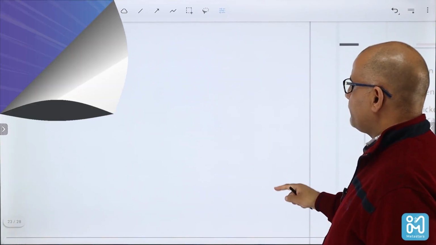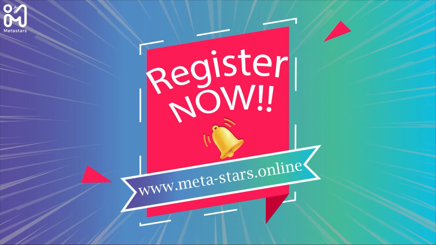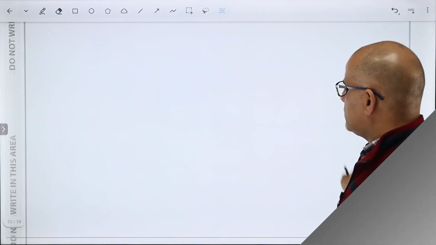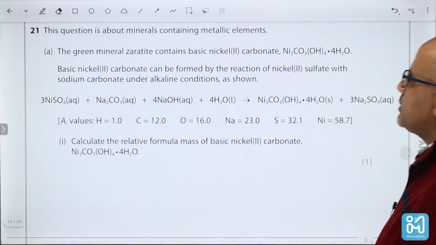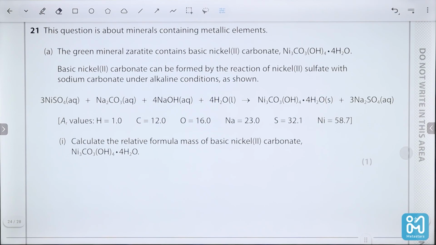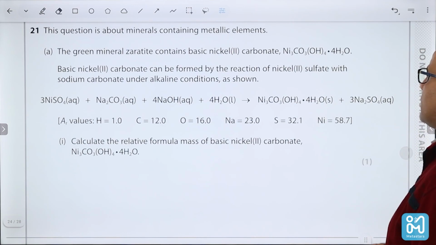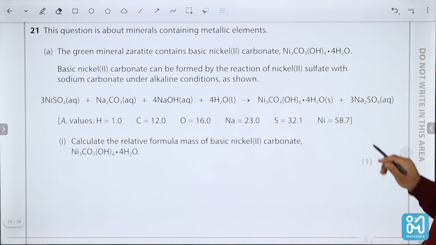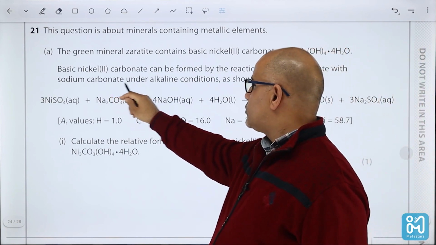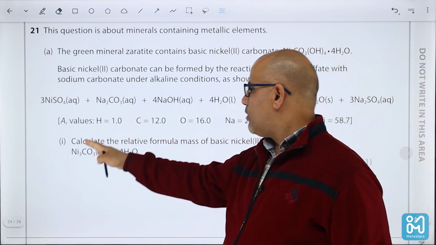And next, this question is about minerals containing metallic elements. The green mineral zaratite contains basic nickel carbonate. Basic nickel carbonate can be formed by the reaction of nickel 2 sulfate with sodium carbonate under alkaline conditions, and he gave you the molar mass.